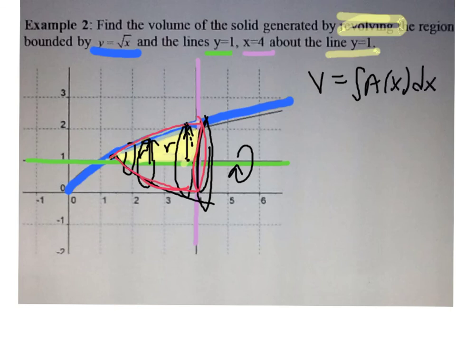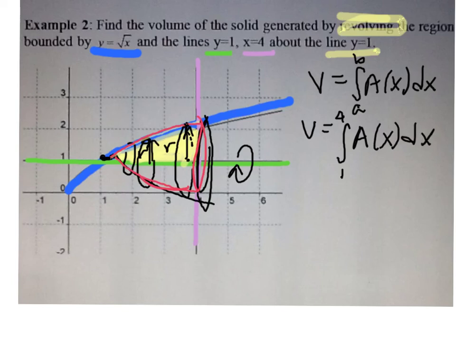Now, where are we starting the shaded region? Well, the shaded region actually starts back here at 1. Let's call it a to b in the general formula. So the volume is going to be the integral from 1 until 4 of whatever we determine our cross-sectional area is.